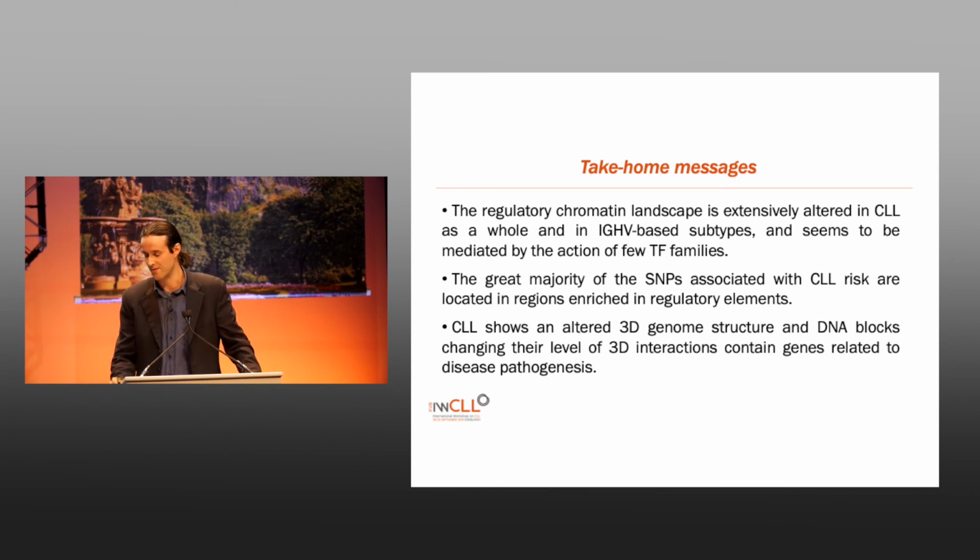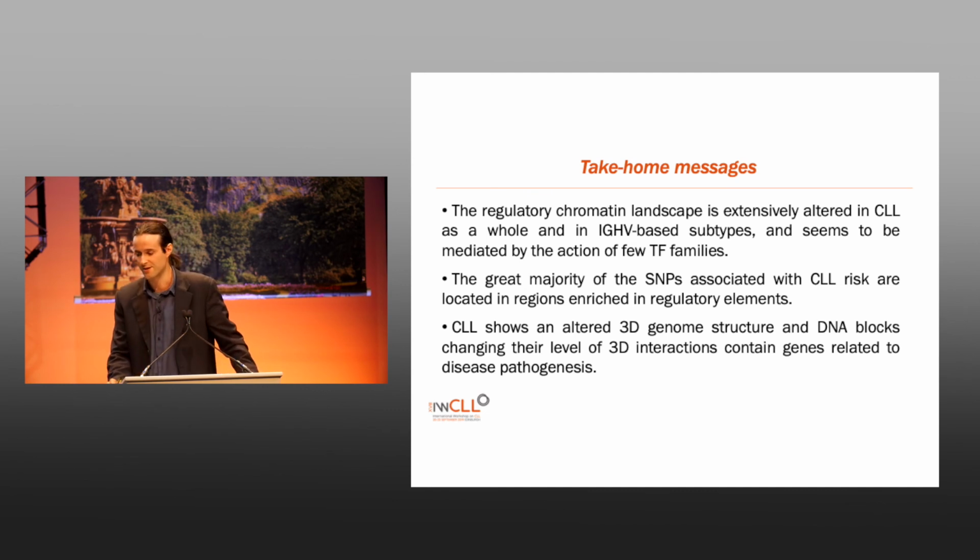With this, I would like to sum up with just 3 take-home messages. The first one is that the regulatory chromatin landscape is extensively altered in CLL as a whole, leading to a signature that relates to CLL-ness, regardless of the heterogeneity of the disease. All seem to have a particular signature.